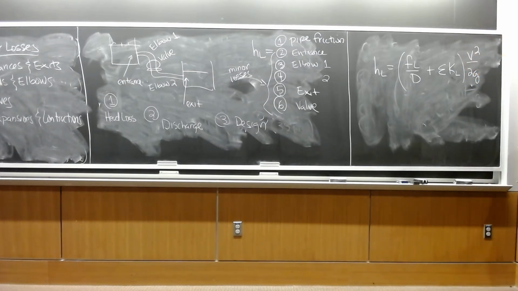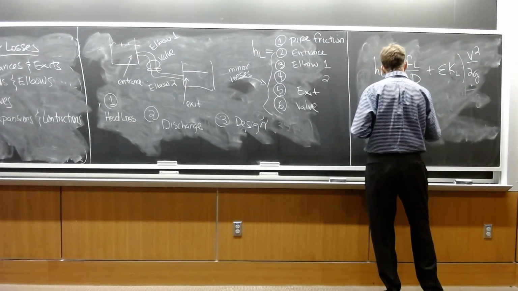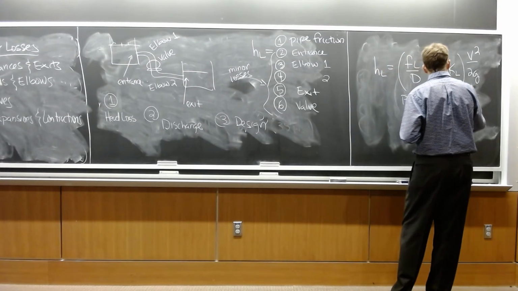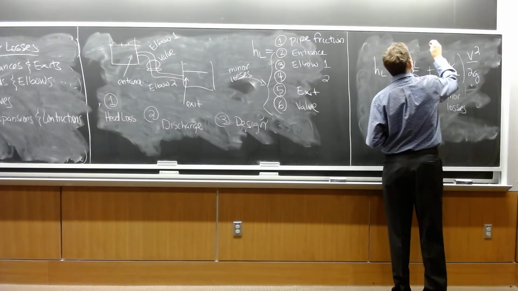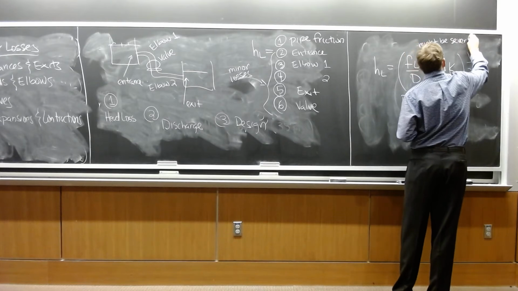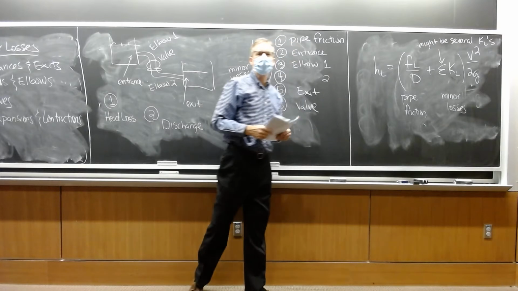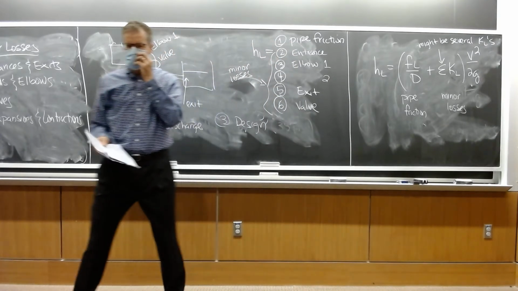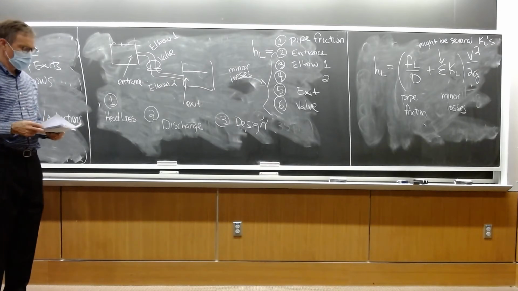So it's sort of a modified Darcy-Weisbach equation that has both friction and minor losses added to it. I got this just to say that there might be several separate loss coefficients that you'd have to consider in solving a problem.